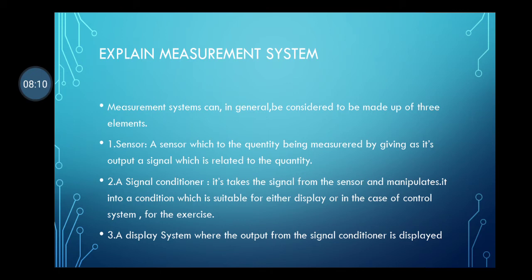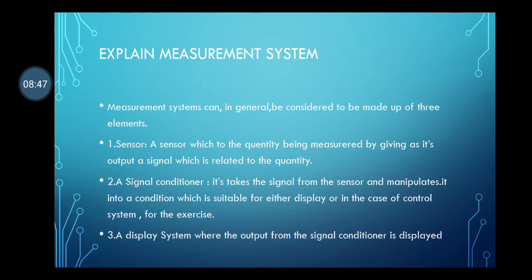Second one, signal conditioner. A signal conditioner takes the signal from the sensor and manipulates it into a condition which is suitable for either display or, in the case of a control system, for control action.